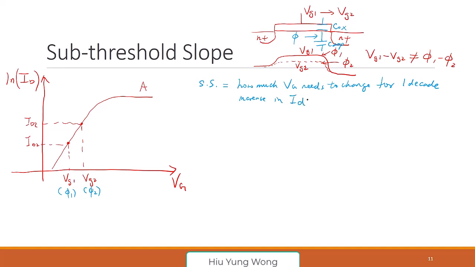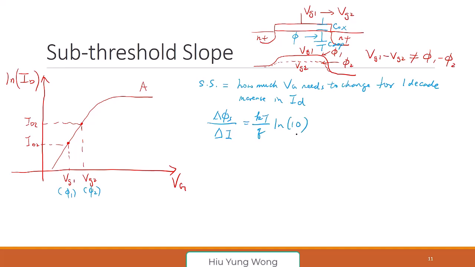Okay, and we know that already. We know that it is delta phi s divided by delta log I, right? Just the surface potential is kT over Q log 10. We know that this is the equation, right?